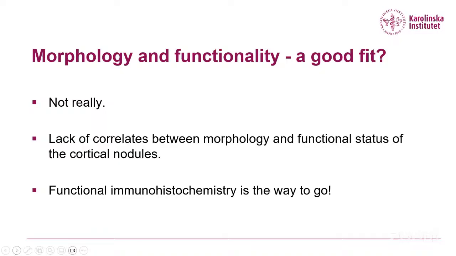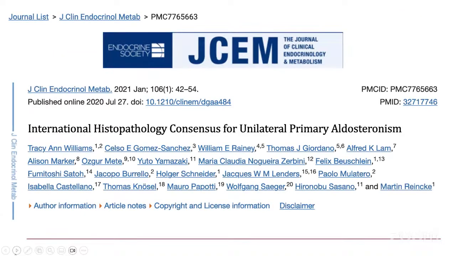So given what I said about the zonation previously, the world is not that simply aligned that adrenal cortical adenomas producing aldosterone look very similar to the zona glomerulosa of the normal adrenal, and adenomas that produce cortisol look like the zona fasciculata. This is not the case. Unfortunately, it would be much easier. So you need to dig into functional immunohistochemistry. It's the way to go forward.